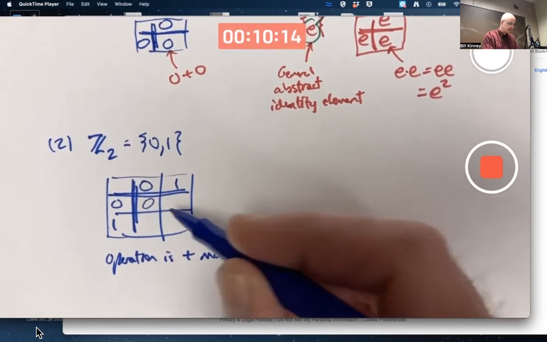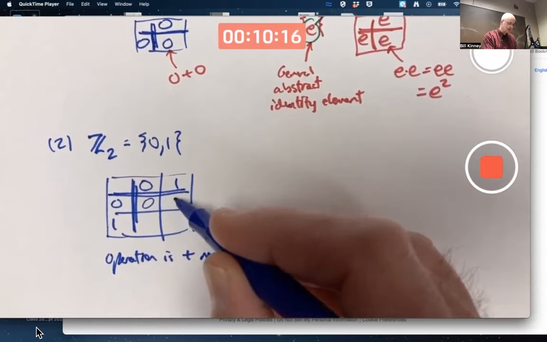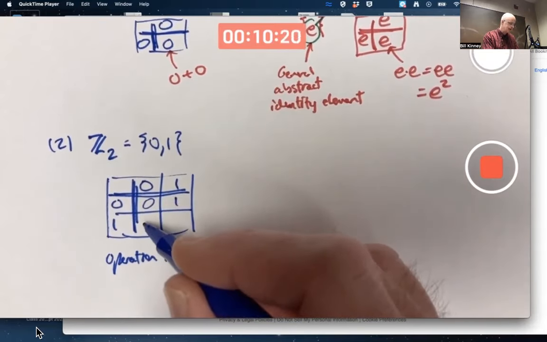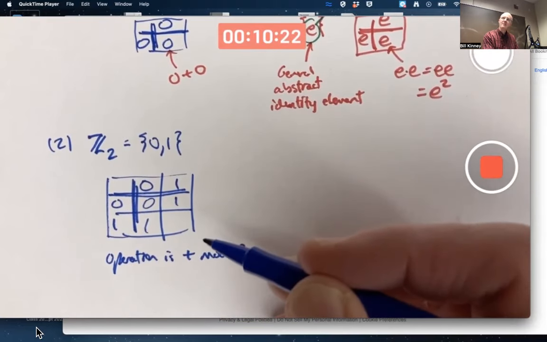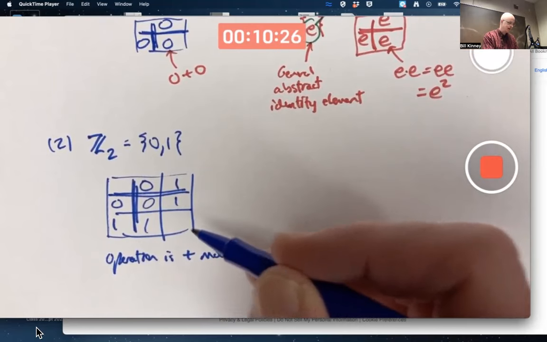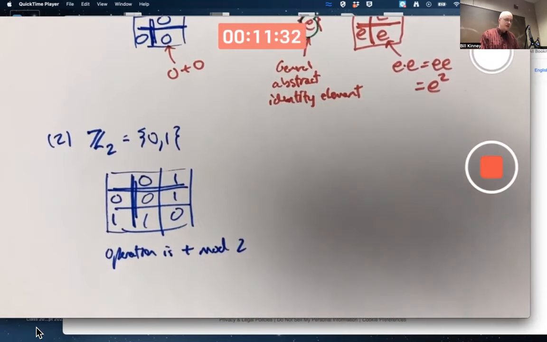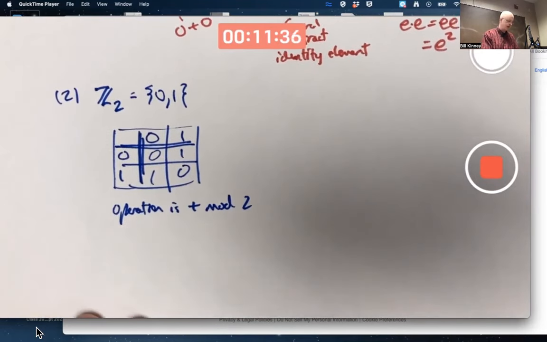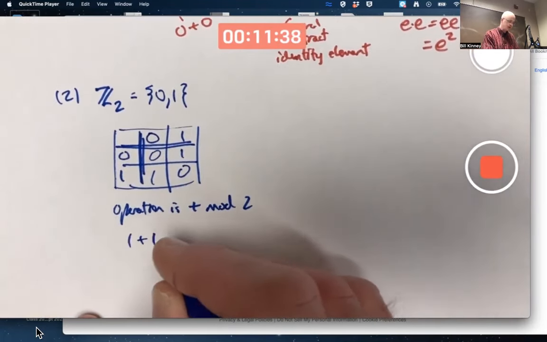Even in mod 2, 0 plus 1 is 1. Mod 2 is still 1. 1 plus 0 is still 1. But 1 plus 1 does not equal 2. It equals 0. So in this group, under addition mod 2, you get to say weird things like 1 plus 1 equals 0.